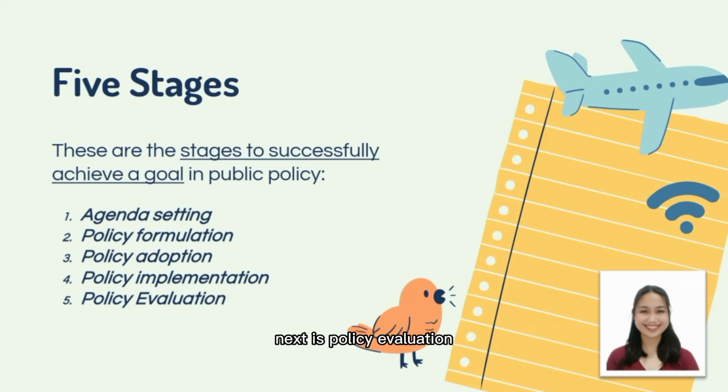Next is policy evaluation. Policy analysts inside and outside government determine whether the policy is addressing the problem and whether the implementation is proceeding well. In policy evaluation, this is where they observe whether the public is taking it well or whether it is actually helping resolve the problem, which also leads to revisions.